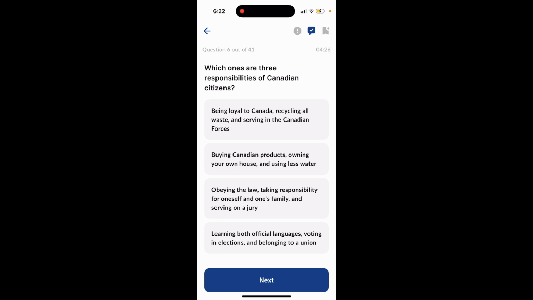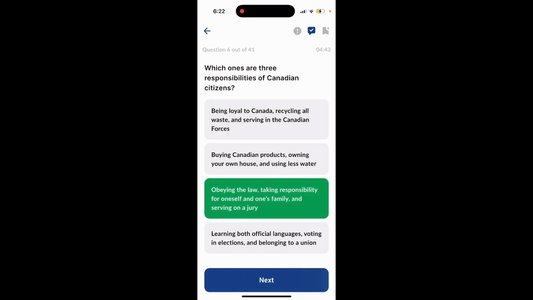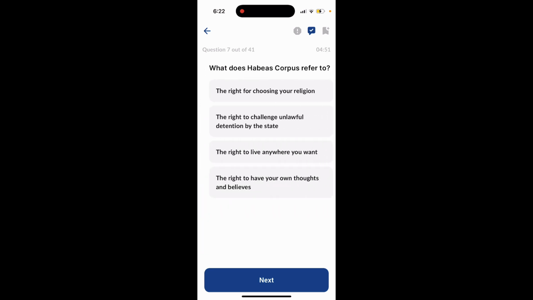Option 3, obeying the law, taking responsibility for oneself and one's family, and serving on a jury. Option 4, learning both languages, voting in elections, and belonging to a union. The answer is option 3, obeying the law, taking responsibility for oneself and one's family, and serving on a jury.